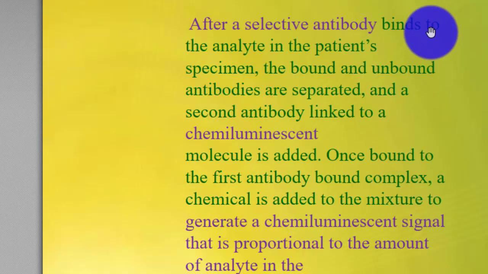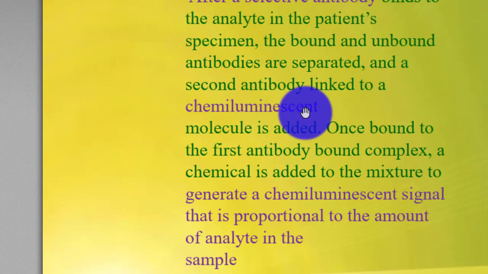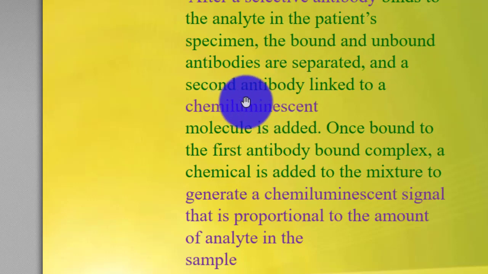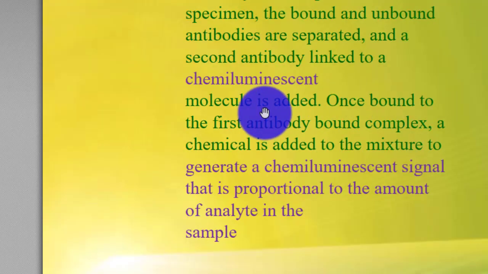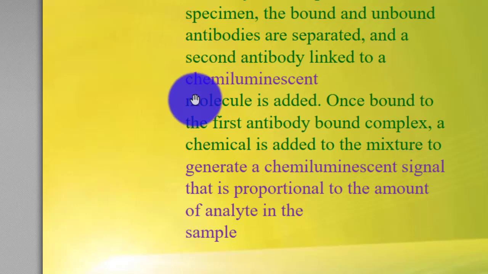After a selective antibody binds to analyte in the patient sample, the bound and unbound antibody are separated by washing, and a second antibody linked to the chemiluminescent molecule is added.